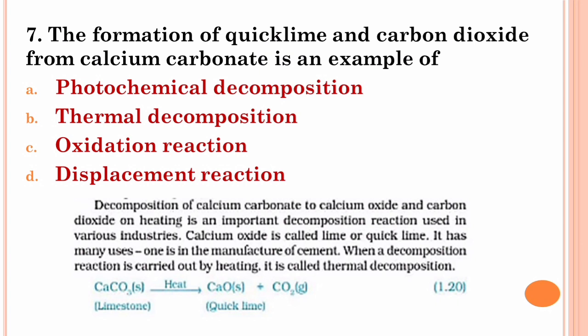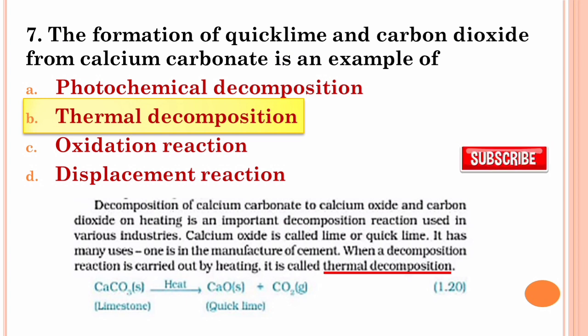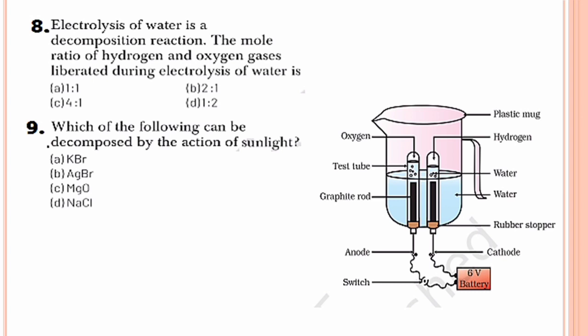Now, if you see that equation, we can understand that heat is given for this decomposition to take place. So, if heat is given, then the reaction is thermal decomposition, and hence the answer is option B, thermal decomposition.